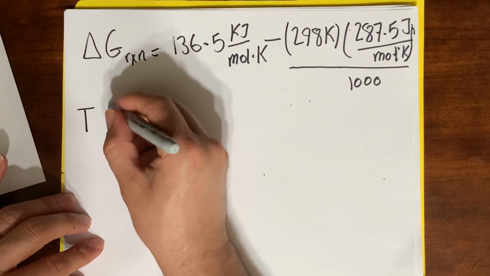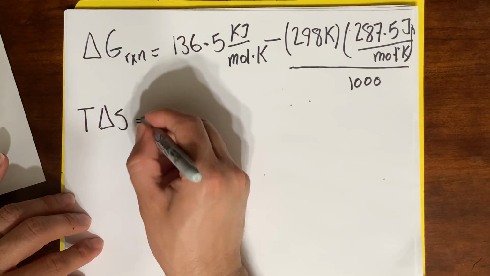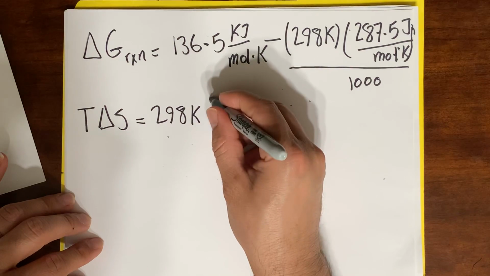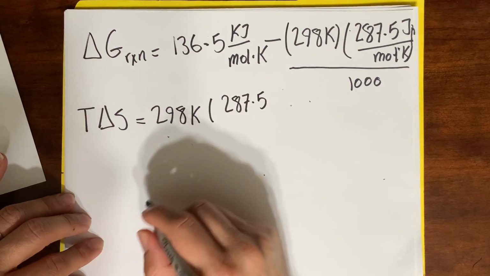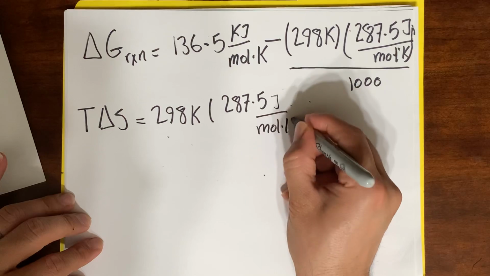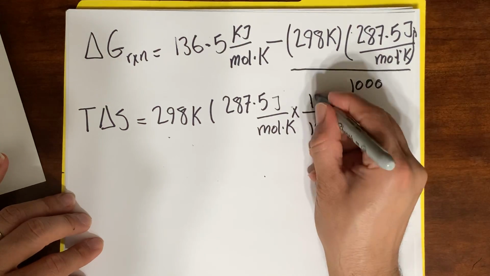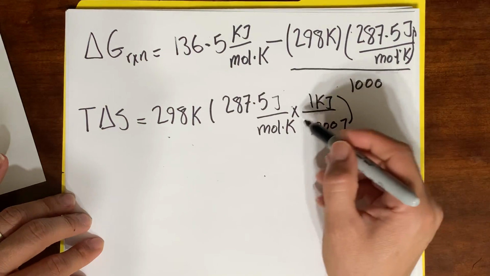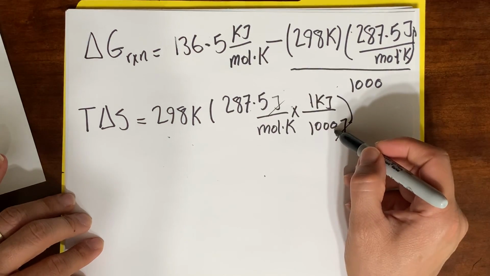So I have T delta S. I'm going to hold this one separately, show you the correct answer for it. 298 Kelvin multiply 287.5 joule over mole Kelvin. 1,000 joule equal to 1 kilojoule. So you cancel joule by joule, and this number will be divided by 1,000.